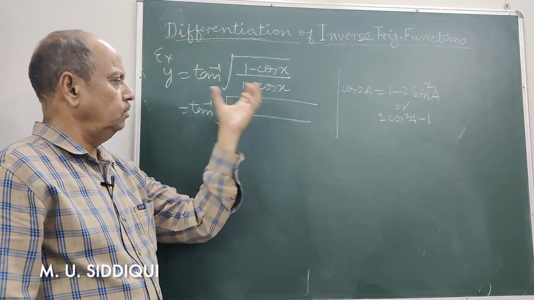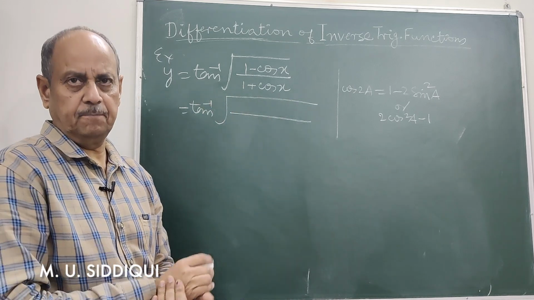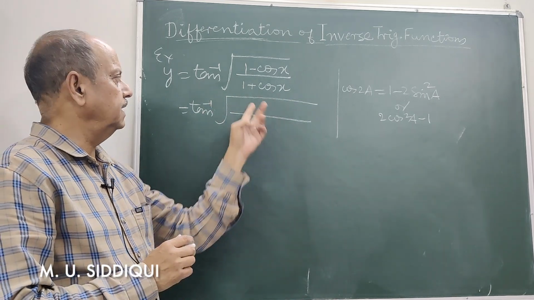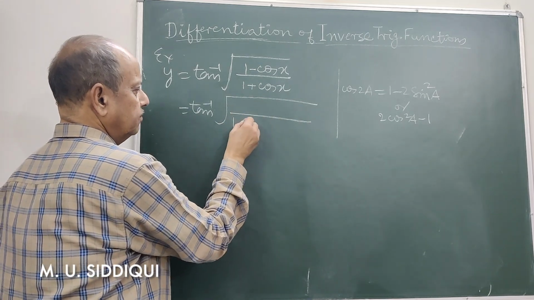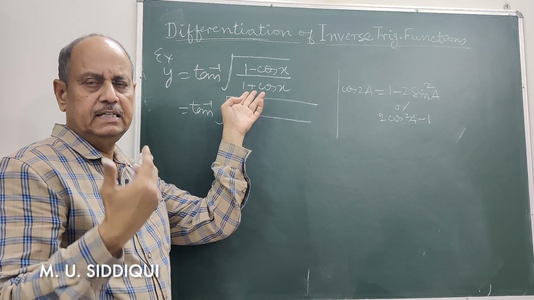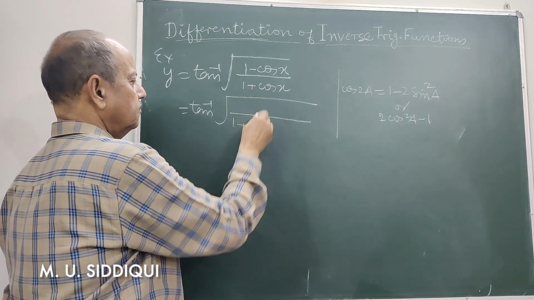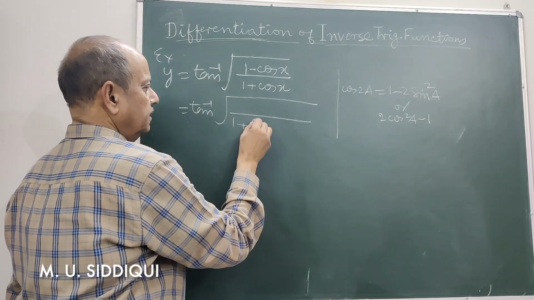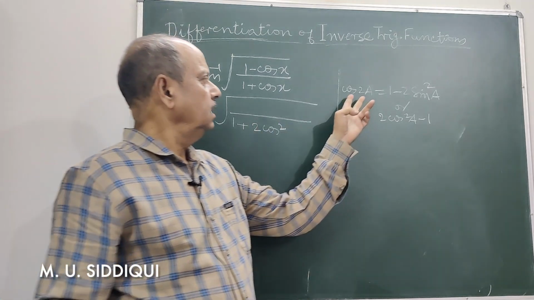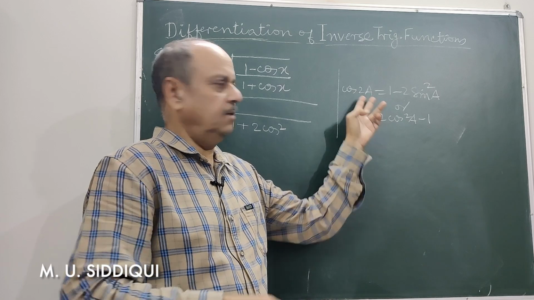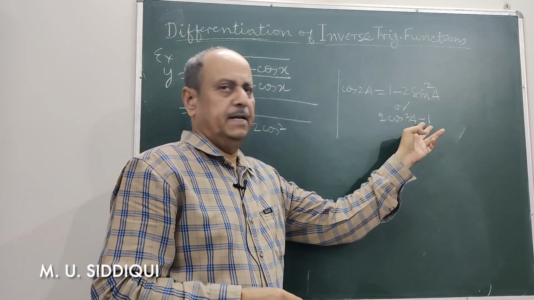We have to choose them carefully, in such a way that this 1 cancels out after substitution. So in the denominator I am writing first, because it's with the positive sign, it's easier to understand. Cos of x can be written here as 2 cos square. Now see, when it is cos 2a, you have 2 cos square a minus 1.